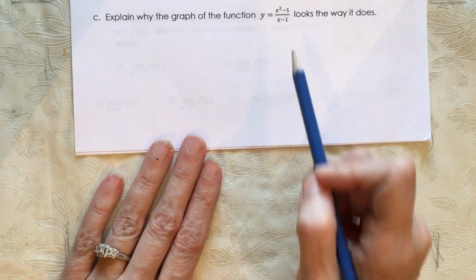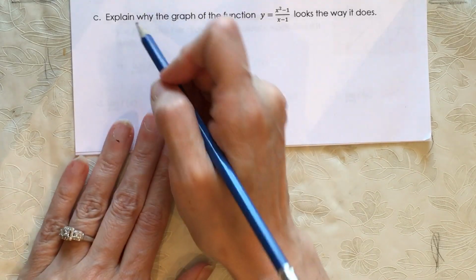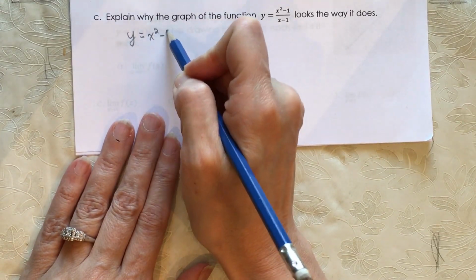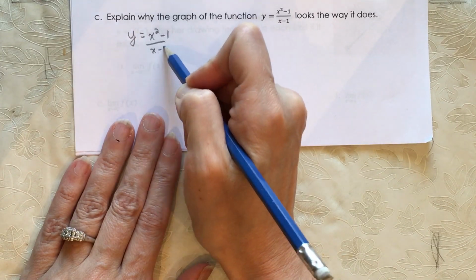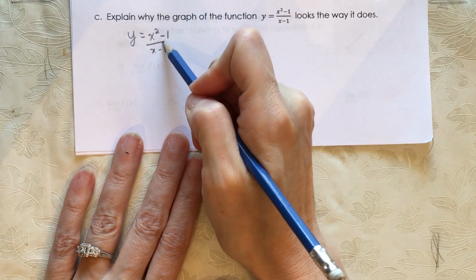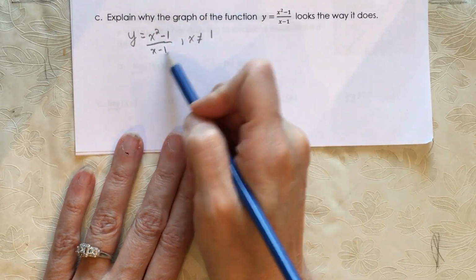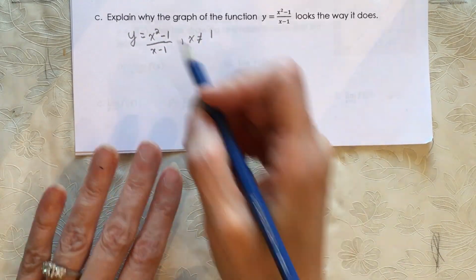Okay, so we've got this function y equals x squared minus 1 over x minus 1. So this brings us back to rational functions from grade 11. And we want to draw a graph of it. Well, first we know that x can't ever equal 1, because then our denominator would be 0, and we can't divide by 0.